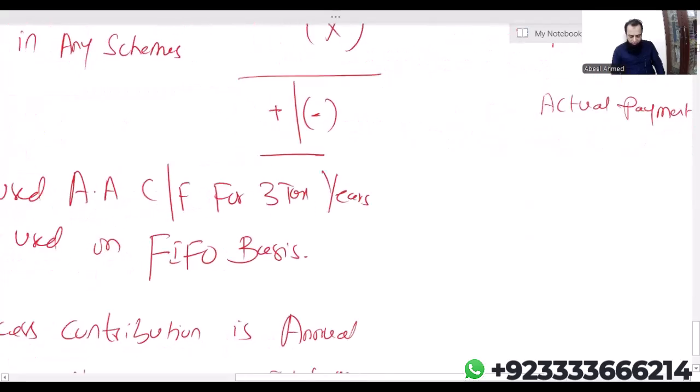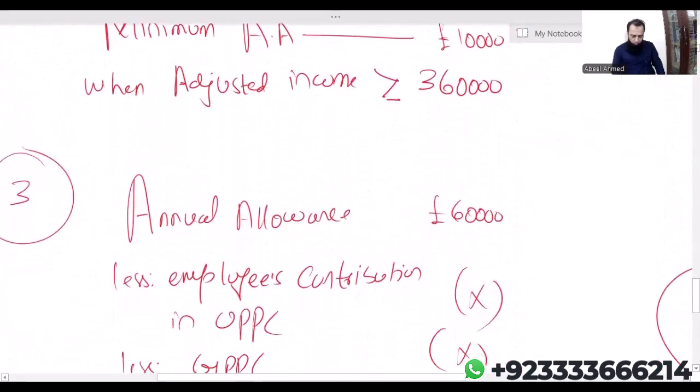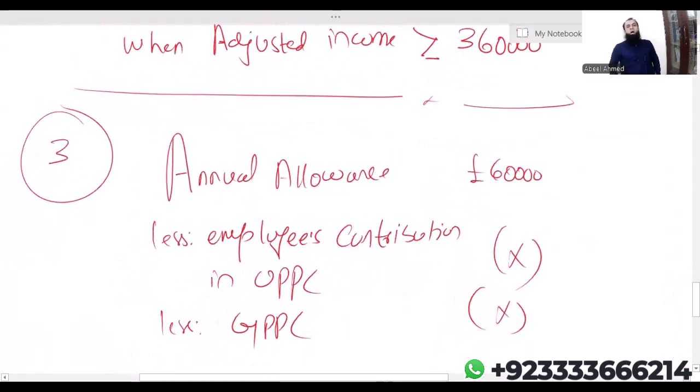The next rule I want to discuss: how much can an individual in the UK contribute to pension schemes? As much as they want. Individuals can contribute as much as they want.